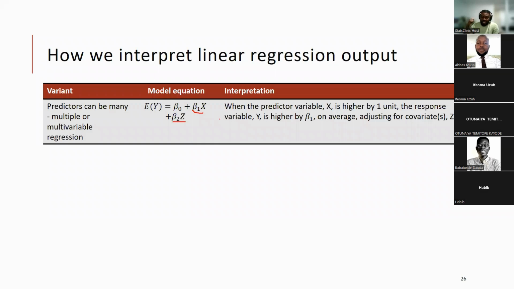But the other thing you have to say, because you have the Z in the model, what do you have to say? In which the resident is married but not with kids. No, that's not it. But you have to say that you're what? Adjusting for kids. Yes, adjusting for whether they have kids or not.